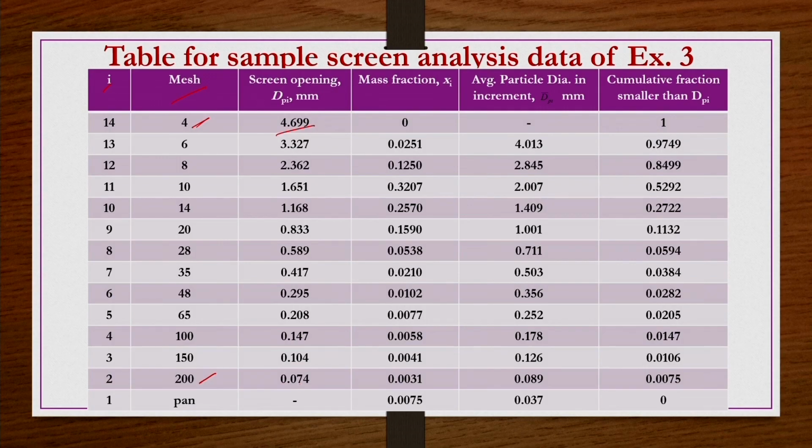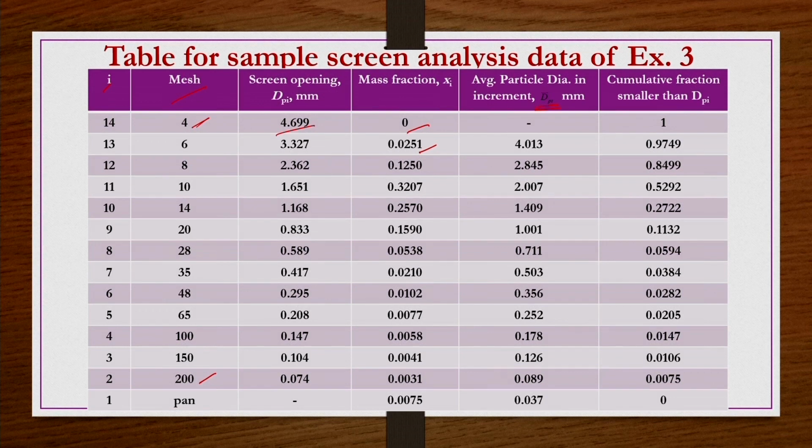Mesh 4 has the screen opening of 4.699 mm, and then their corresponding mass fractions. Let us say the mass fraction retained on 4 mesh is 0, and the mass fraction retained on mesh 6 is 0.0251, like that all these are given. Now we need dpi bar, the average diameter.